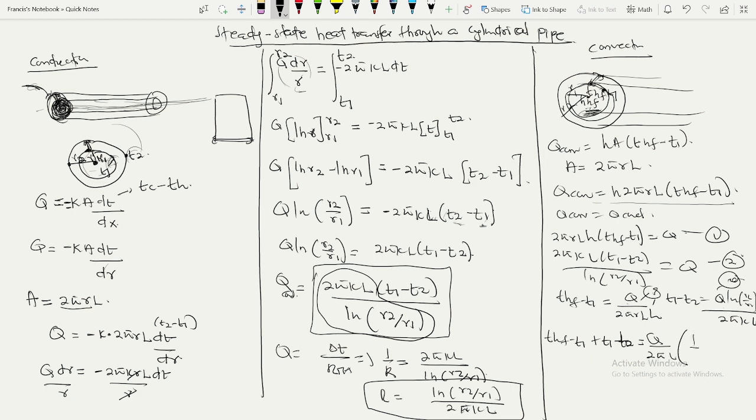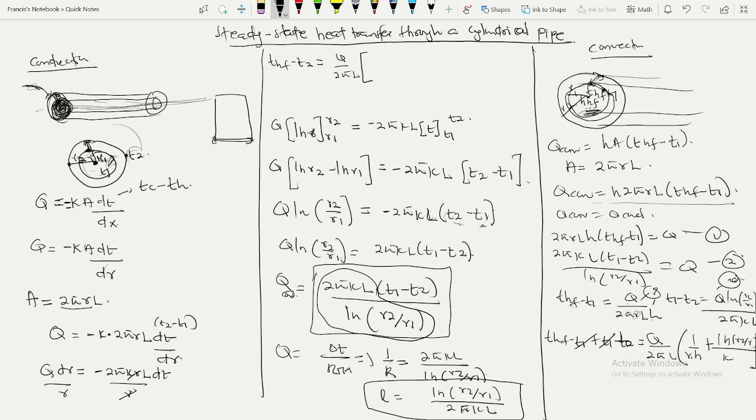And then for here you are going to get 1 over hR, plus ln R2 over R1 all over K. So now the T1 will cancel out and we are left with T_HF minus T2 equal to Q over 2 pi L multiplying 1 over hR. This is supposed to be R1.